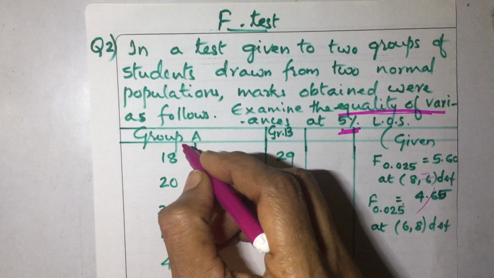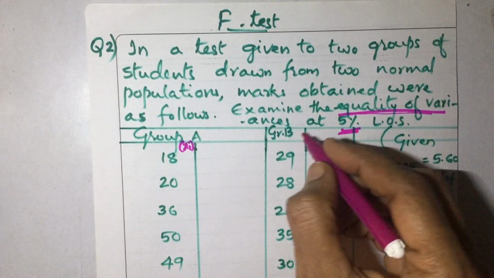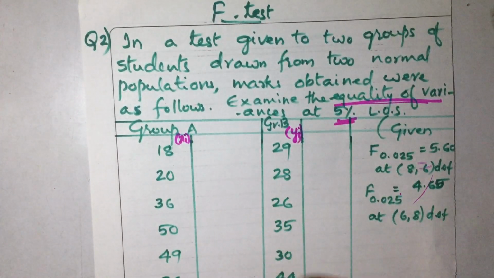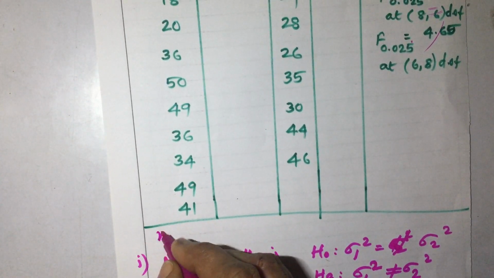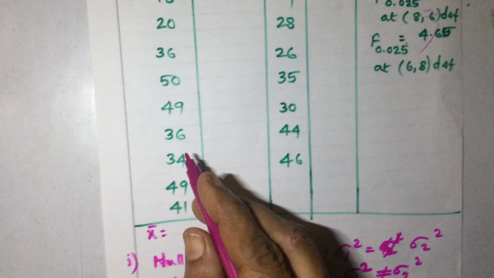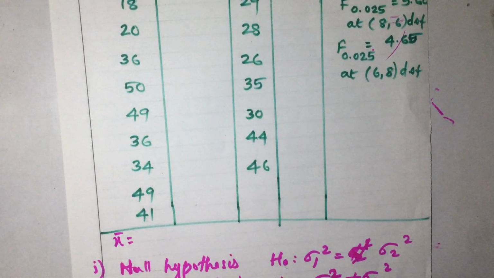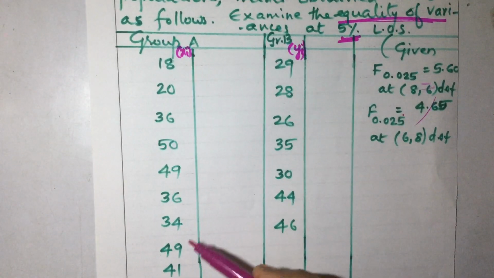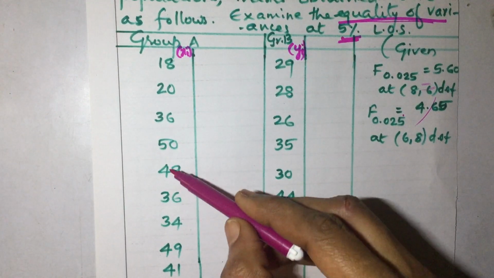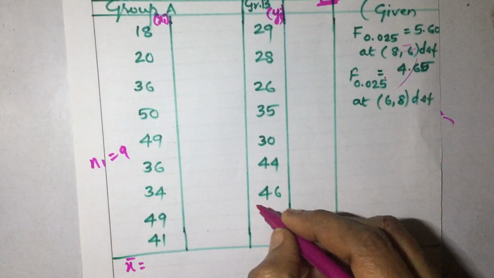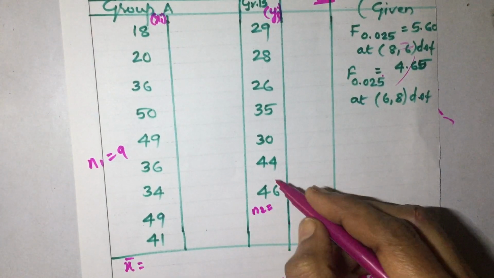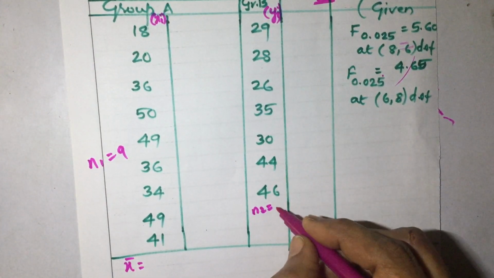In the question it is given like this, and while doing the answer you need to draw a table. Suppose this is xi and this is yi. Then the total sum, x bar I have to find. X bar will be the sum of all this divided by n. So how many are there? 1, 2, 3, 4, 5, 6, 7, 8, 9. Here n1 is 9 and n2 is 7.